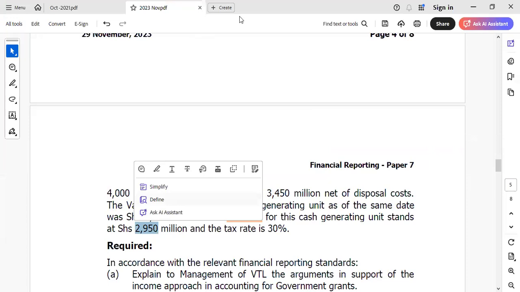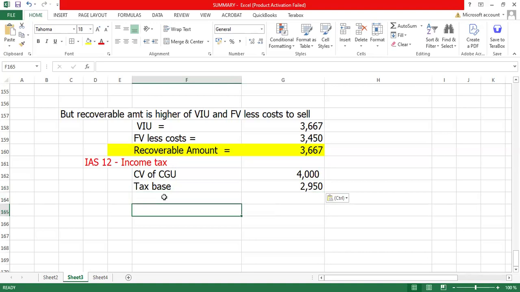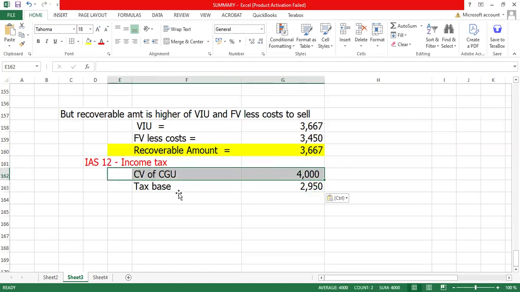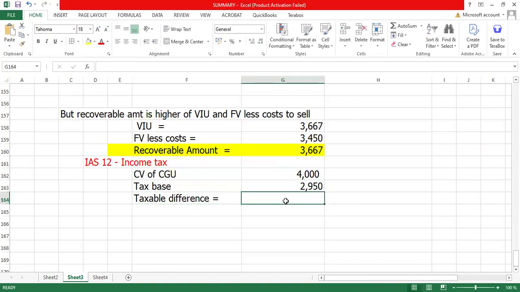Okay. So finally, you compare the two. As we talk about IAS 12, if the carrying value is greater than the tax base, then you have a taxable difference of this one minus this one.